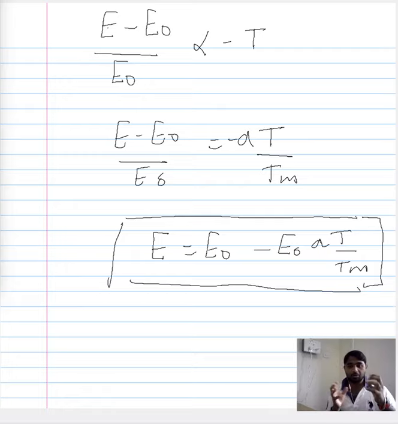We saw it in two ways, by considering the force acting on a system, and by considering the second derivative of the potential energy with respect to the interatomic distance. We were able to at least theoretically show that the Young's modulus decreases with an increase in temperature, and we wound up this lecture with an expression quantifying the change in the Young's modulus with respect to the increase in temperature.